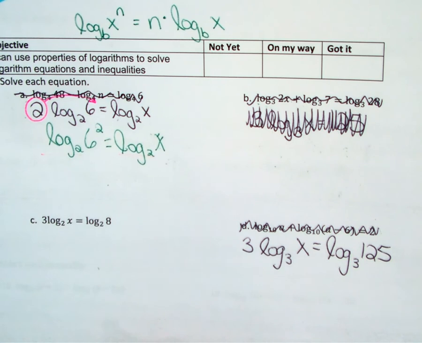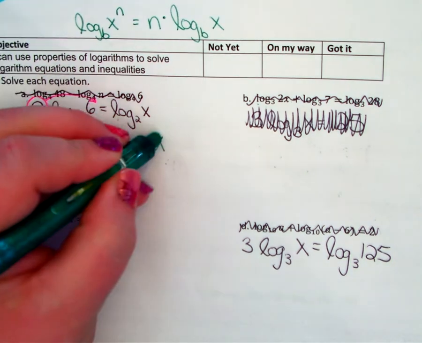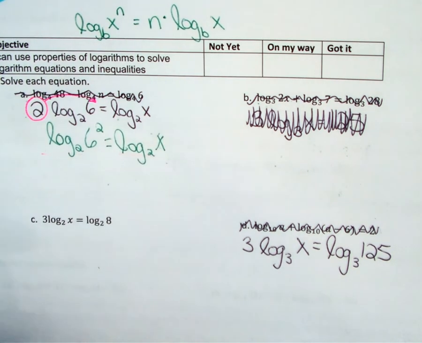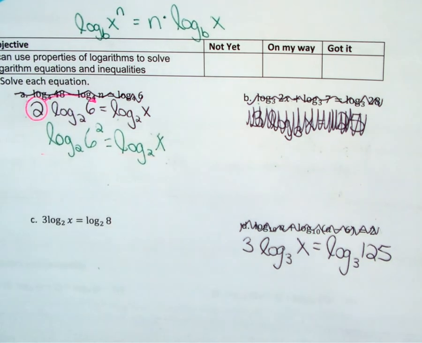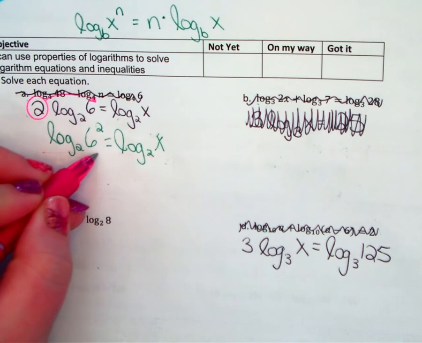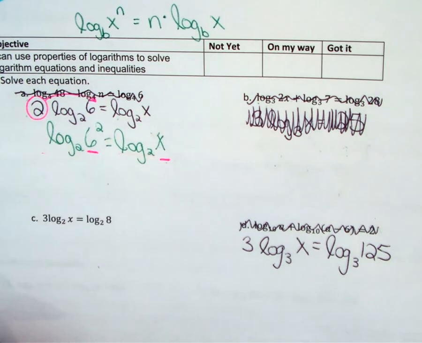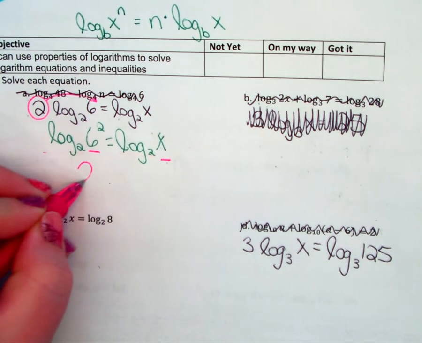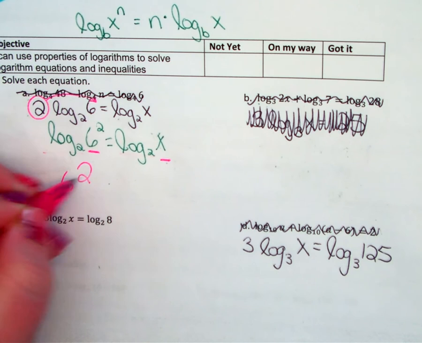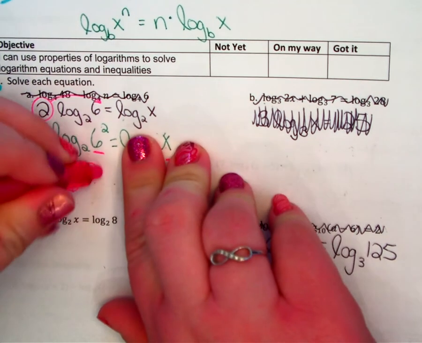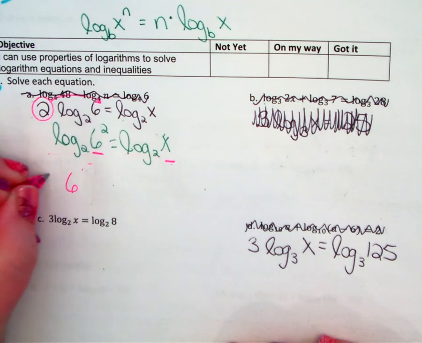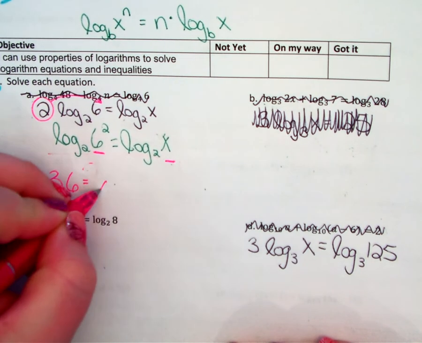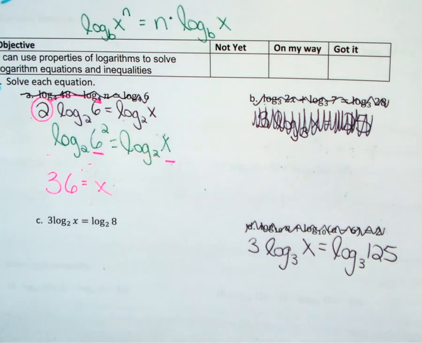Now it looks exactly like a problem that we might have done in 7.4. We have a log with the same base on either side, so I can set the part that comes after it equal to each other. So the bases are the same, so this part can be set equal. 6 squared, which equals 36. Here, that 2 got a little big. I'll just change it to a 36. Equals the x.